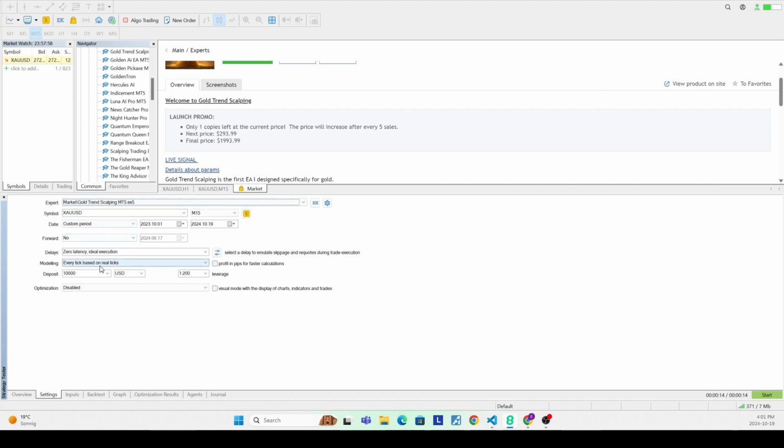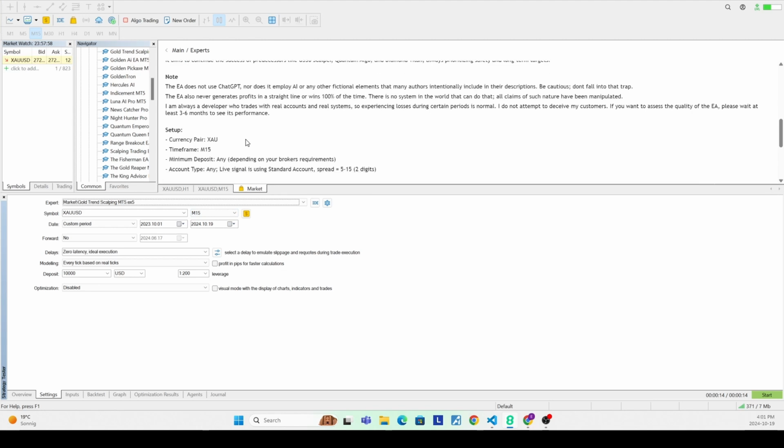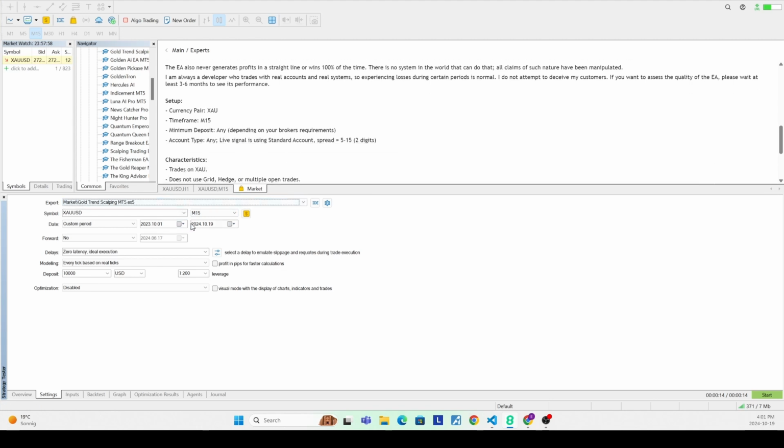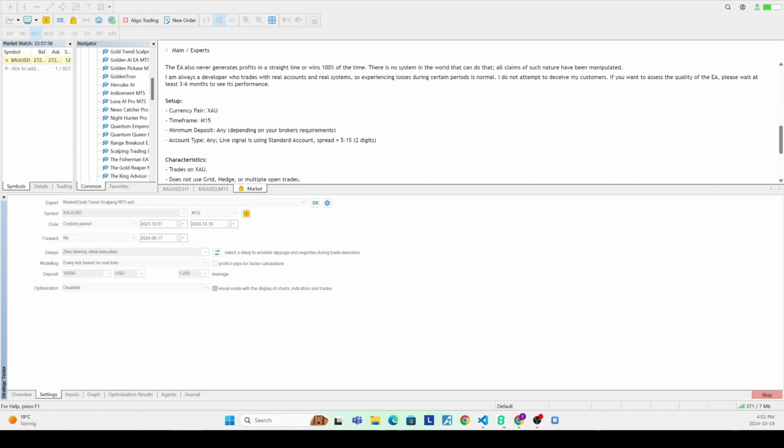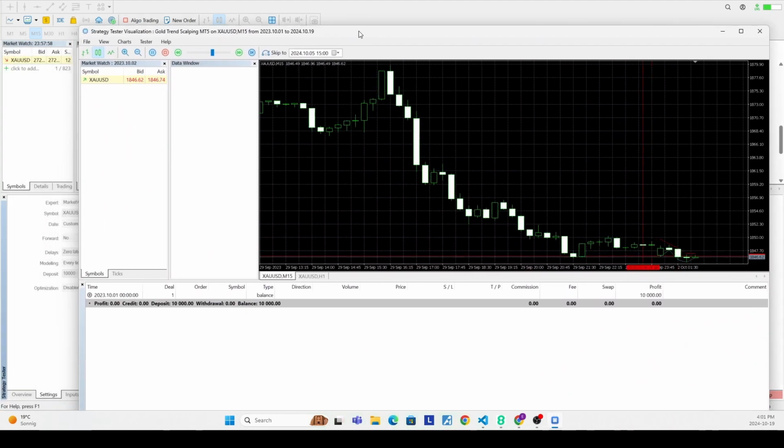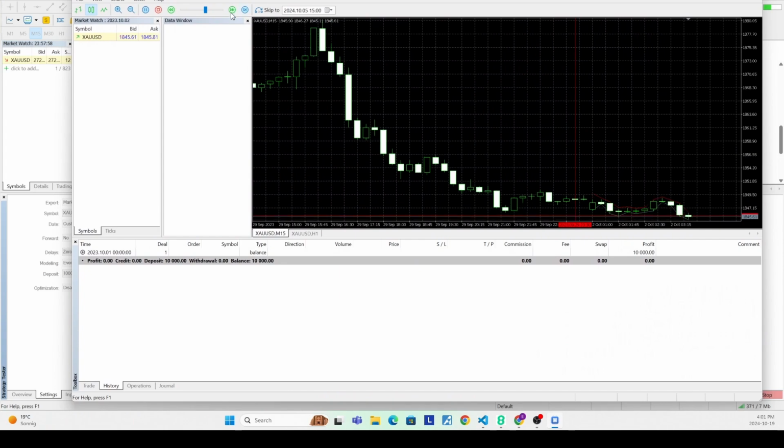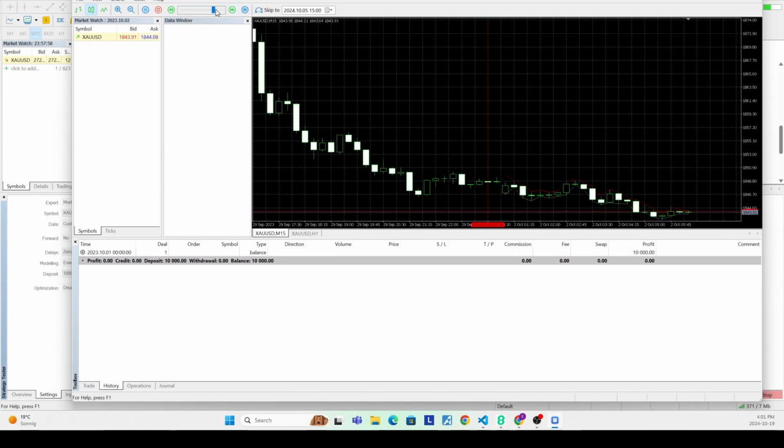So let me go and run a quick visual backtest. I will use every tick based on real ticks from the broker. It runs on the M15 and gold per the seller's instructions. And let's quickly run it to see if we can ascertain how the system actually works. So I will drag this over and let me fast forward.